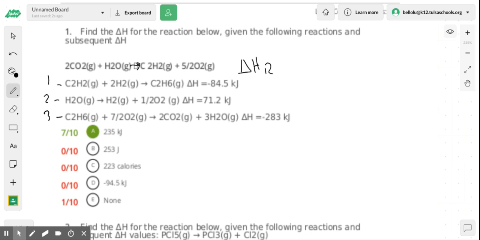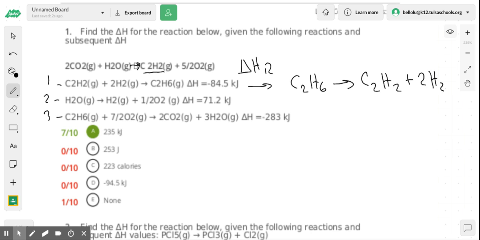On the product side here, you have C2H2. So you need to flip or invert reaction number one in order to have the C2H2 in the product. So I will have C2H6 on the reactant side, and as a product I will have C2H2 plus 2 hydrogen.